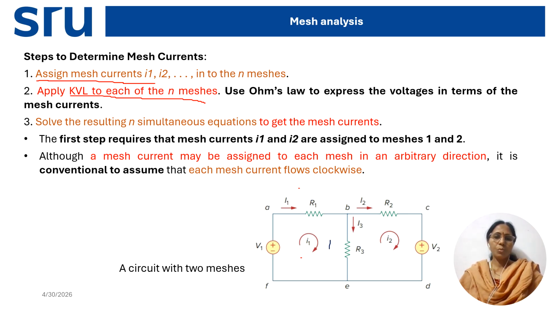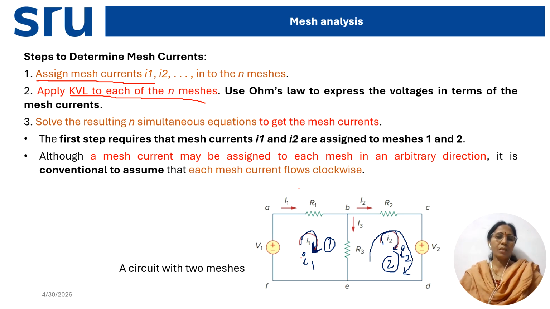So this is loop 1 and this is loop 2, and in loop 1 represent the current with I1, and in loop 2 represent the current with I2. Now observe, here I am taking the clockwise direction, in loop 1 clockwise and in loop 2 also clockwise.